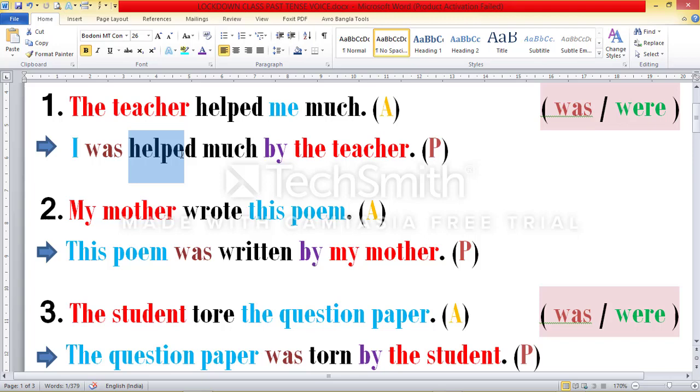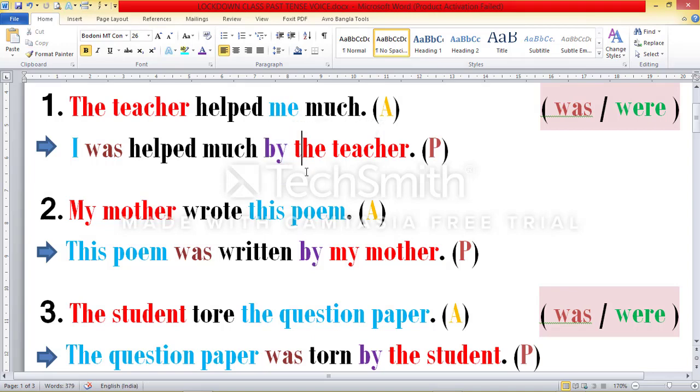Here we have written help, the third form of the verb. Then we have to write the word much. This is an adverb of degree. It has come here, much. Then we have to put the preposition by generally.